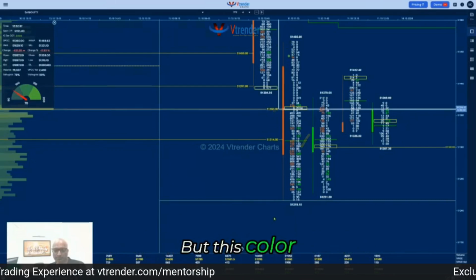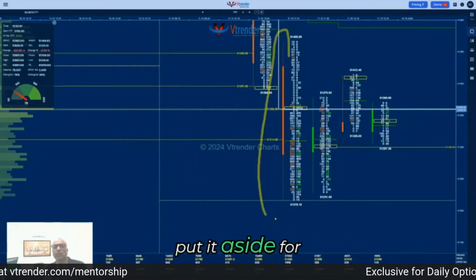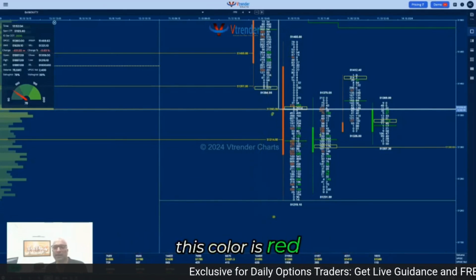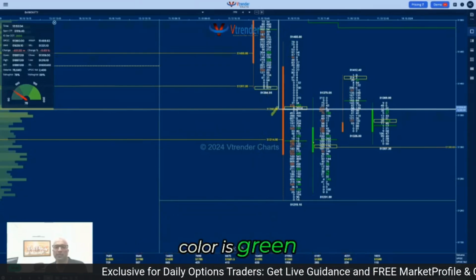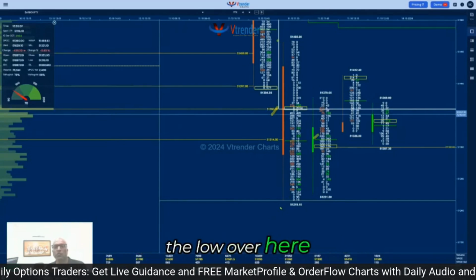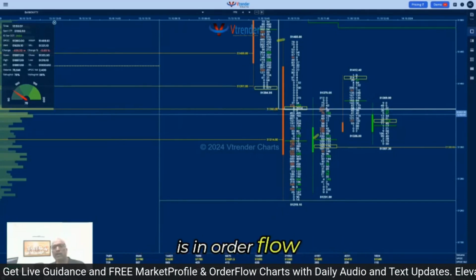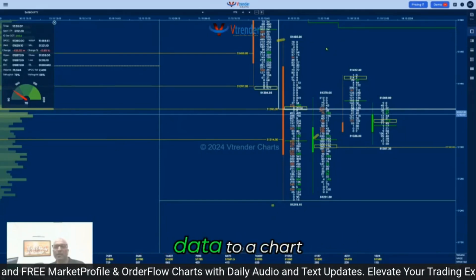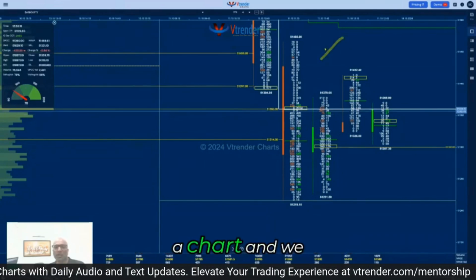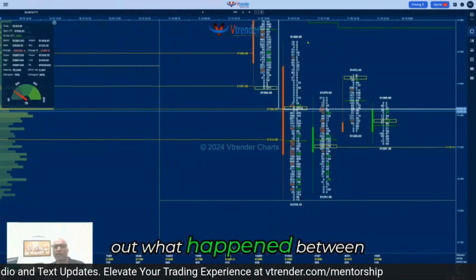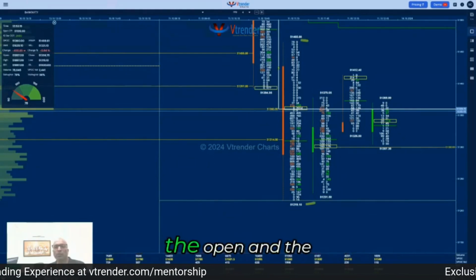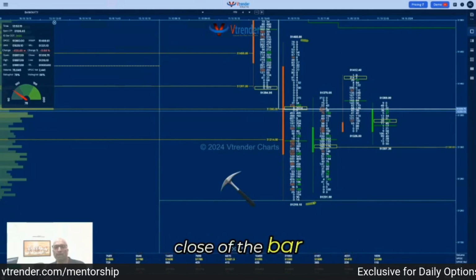But we have to put this color aside for some time and try to understand why sometimes this color is red and why sometimes it is green, or what really happened between the high and the low over here. So what we are doing in order flow is adding data, adding information to a chart, and trying to find out what happened between the high and the low of the bar, or between the open and the close of the bar.